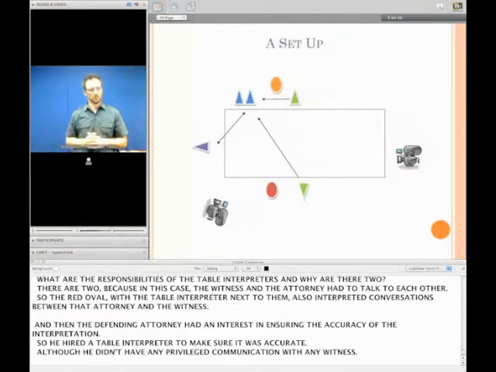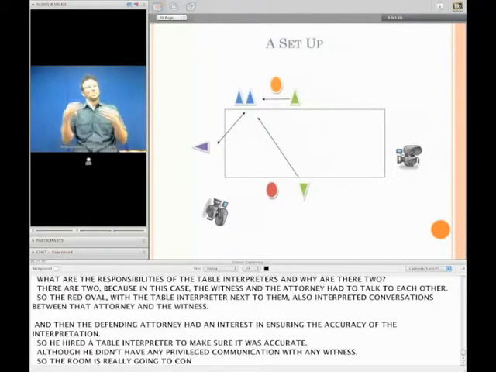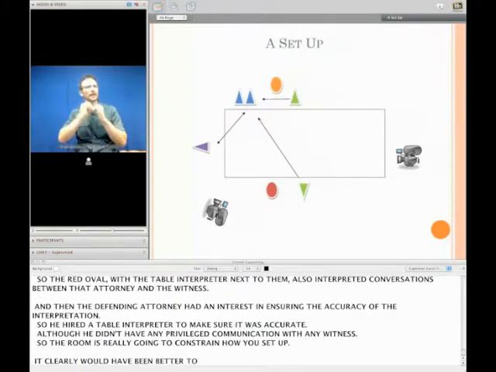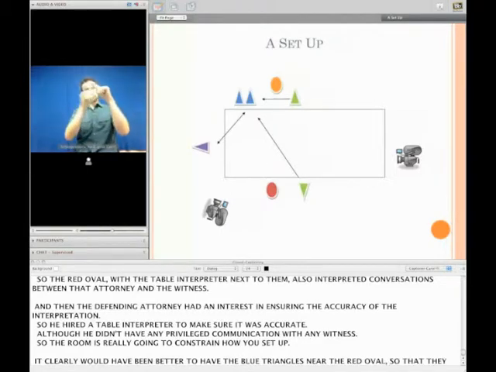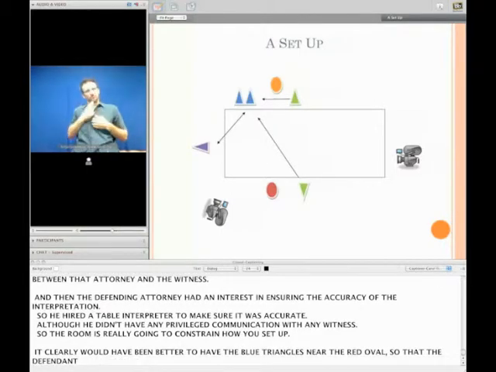Okay, so the room is really going to constrain how you set up. Clearly, it would have been better to have the blue triangles near the red oval so that the deaf person could actually look at the attorney who was asking questions.